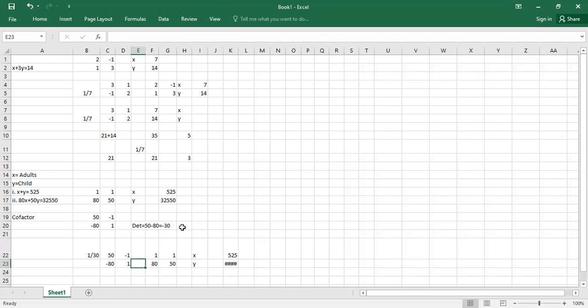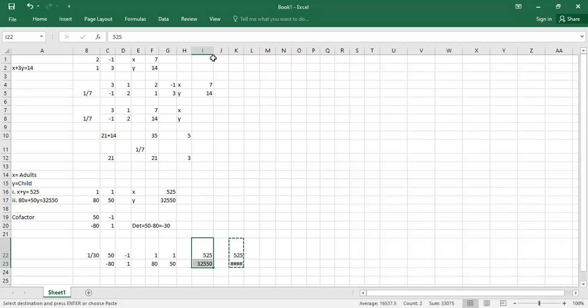Or I bring this inside and I take this outside. Let me take this here and have my x, y, the unknowns, so that we solve for the unknowns. So we go together.